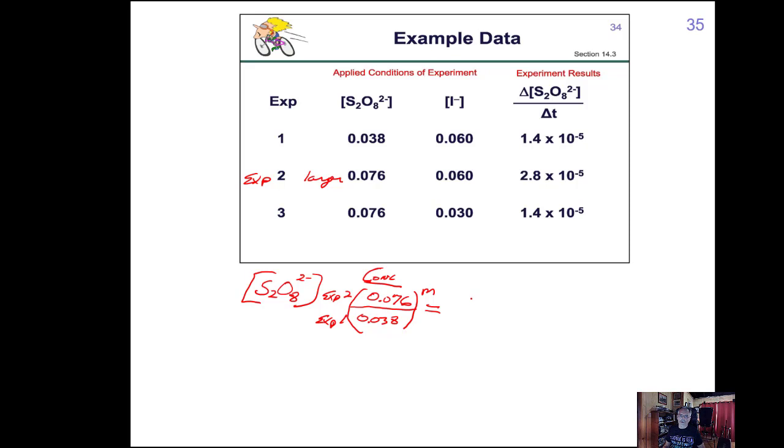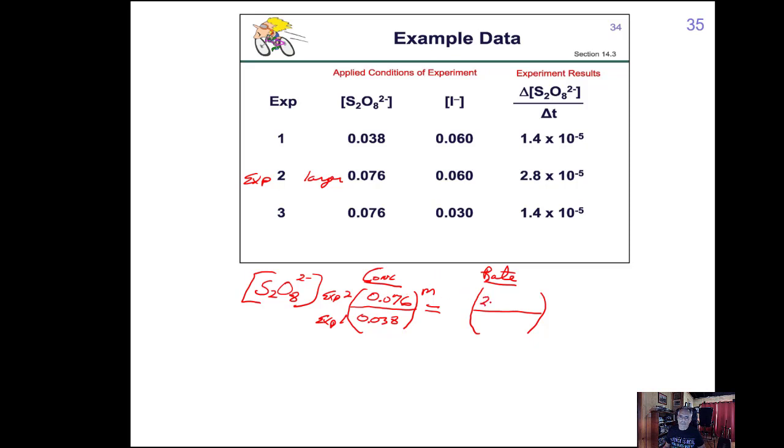And I'll show you an alternative method for doing that. Over here, we're going to compare that to the relative rates at these 2 different concentrations. And again, we put the rate for experiment 2. We stay consistent, experiment 2 all the way across the top.